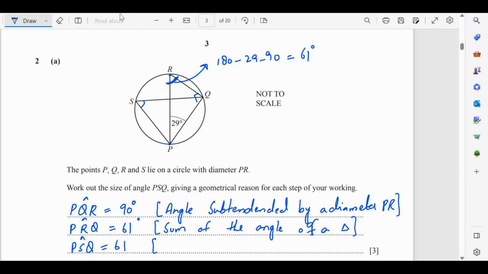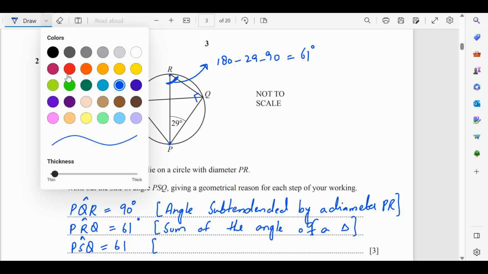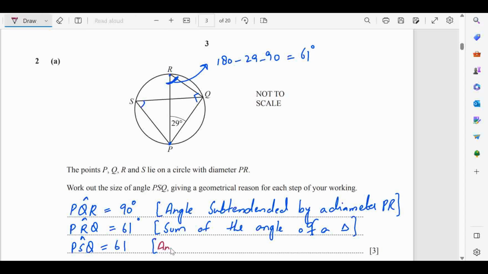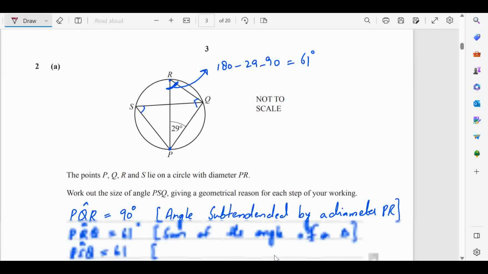And the reason behind it is angles subtended by the same chord. The angle subtended by the same chord. This will be the required angle.